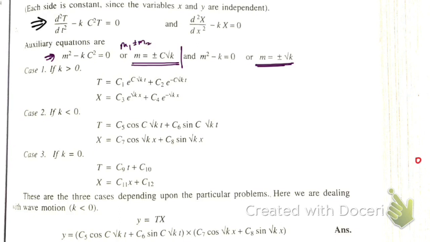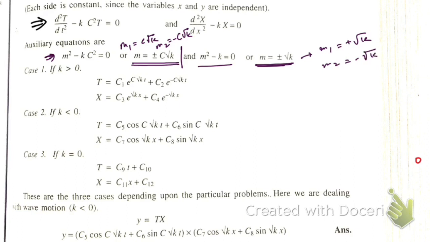Both are different. m1 is equal to plus c root k, and m2 is equal to minus c root k. And for the other equation, we have got m1 equal to plus root k, and m2 equal to minus root k.